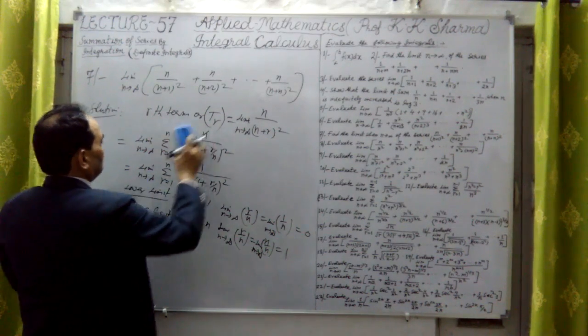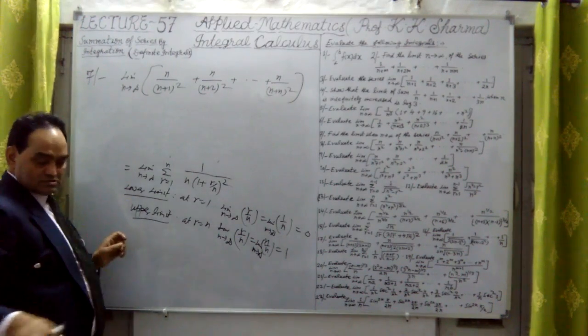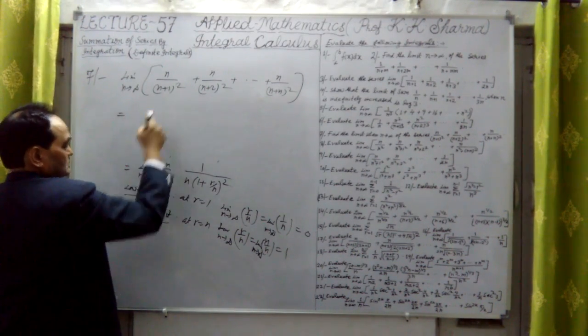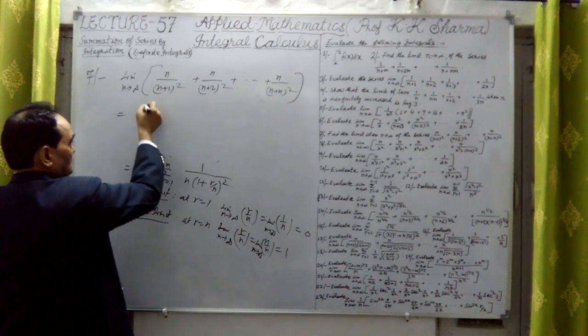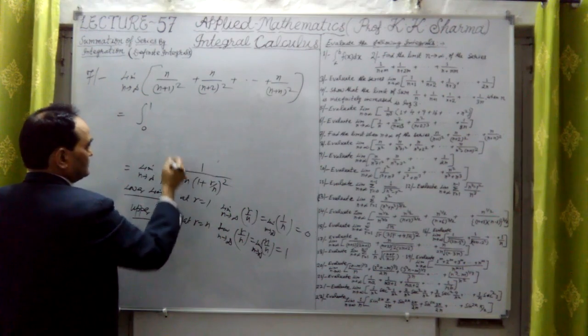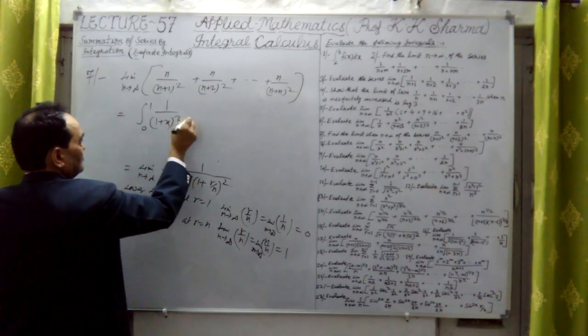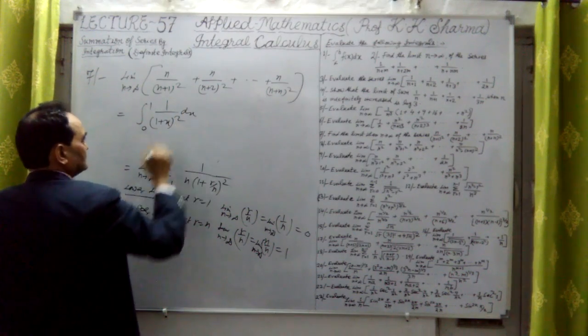Let me convert this into a definite integral. Finally, we get the definite integral of this summation from 0 to 1. Now 1 upon n becomes dx, and this is 1 upon 1 plus x whole square into dx.